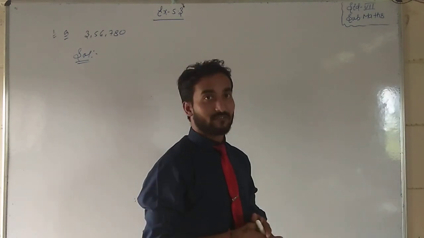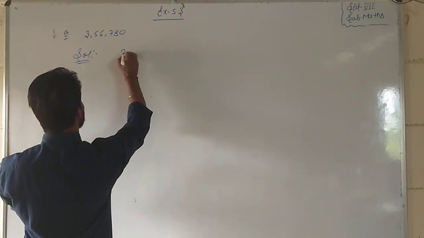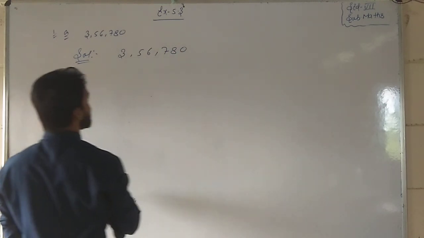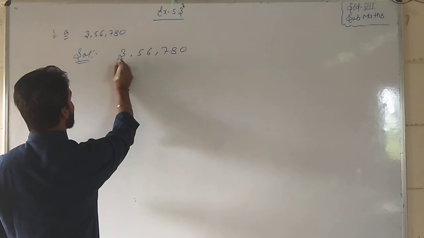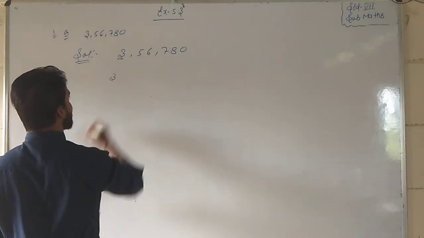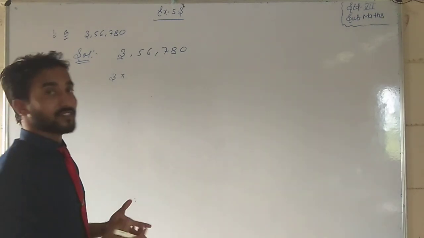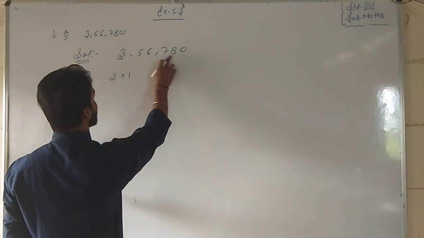In expanded form, what we will do is simple. See the number 3, 5, 6, 7, 8, 0. It is 3 multiplied by which number? 1, 2, 3, 4, 5.